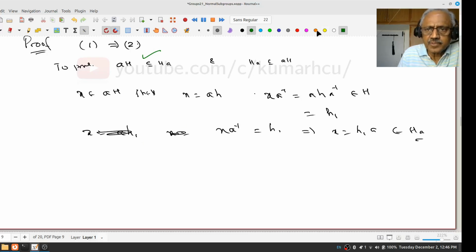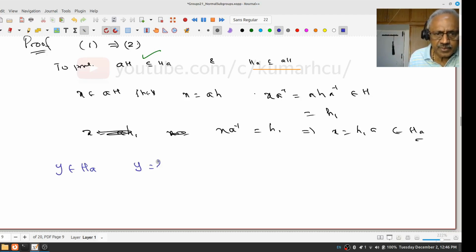Okay, the proof of the other inclusion is something similar, but just to make sure that I can do it correctly, let me do it. So let Y belong to HA. That means Y is of the form some H times A. Therefore, what do you think I will do? I will multiply by A inverse. Therefore, A inverse Y is A inverse HA.